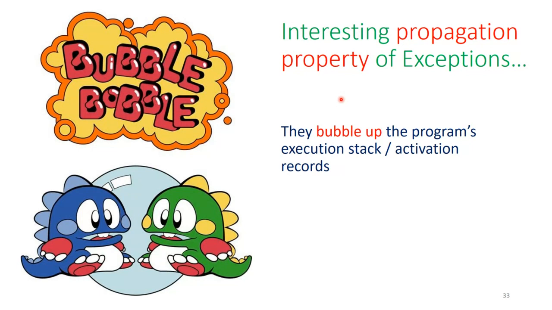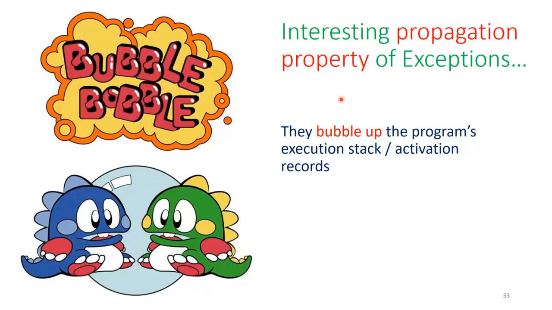The deal with the exception is that it's a way to communicate to whoever called you. It's kind of like saying, I'm going to abort the current method, I'm going to wipe its activation record from the stack, and now I'm back in the code of the caller. The topmost activation record of the stack is the one of the caller, and I have this exception to handle.